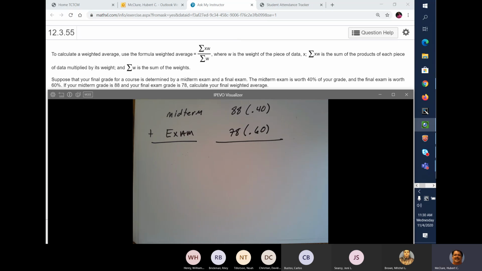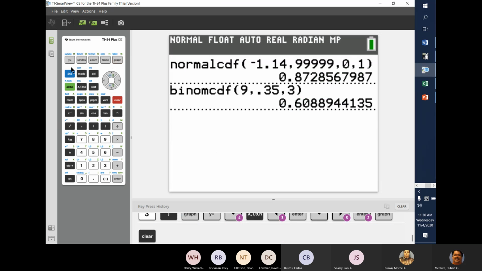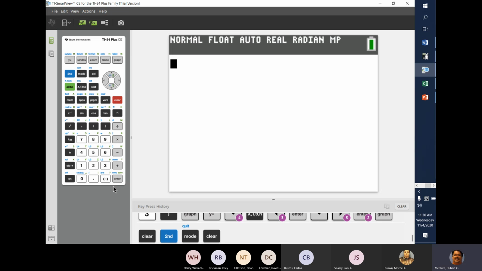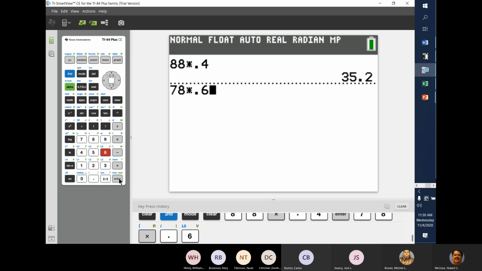Now you take your calculator and do 88 times 0.4. That's equal to 35.2. And 78 times 0.6 gives you 46.8.